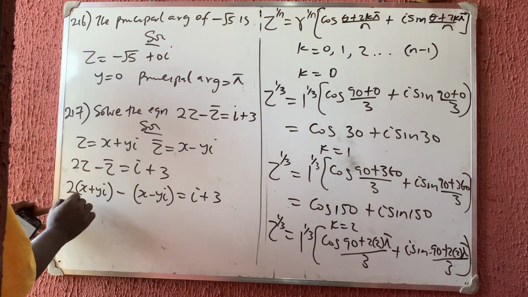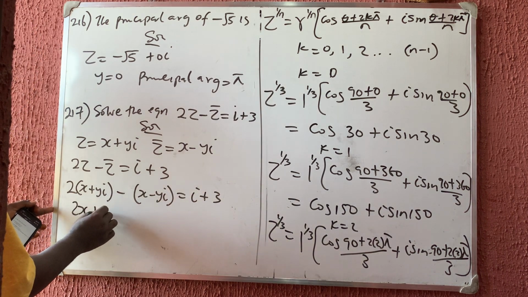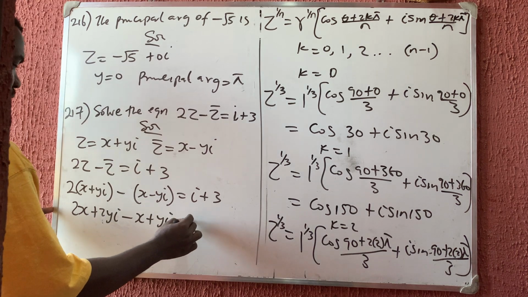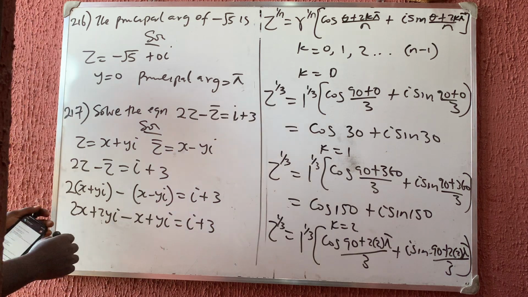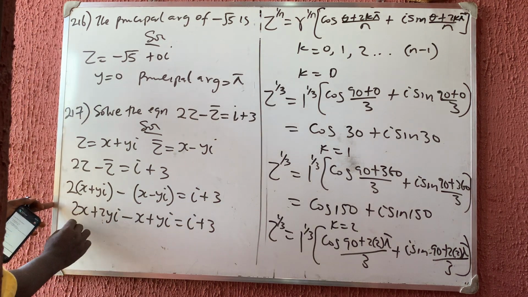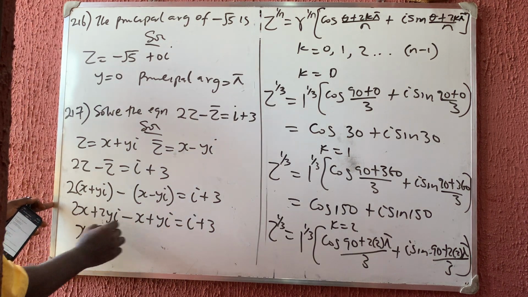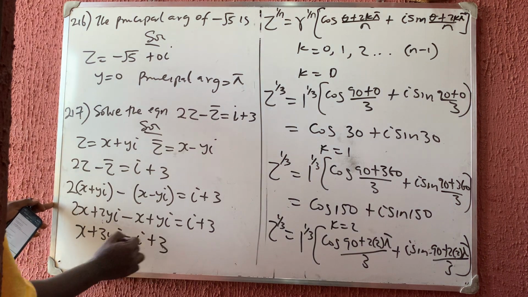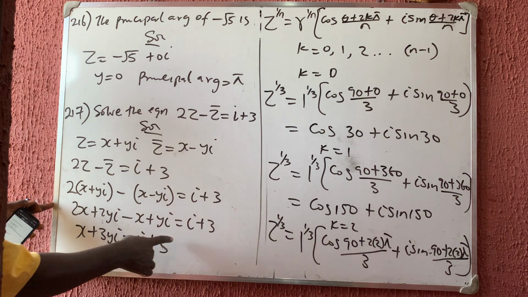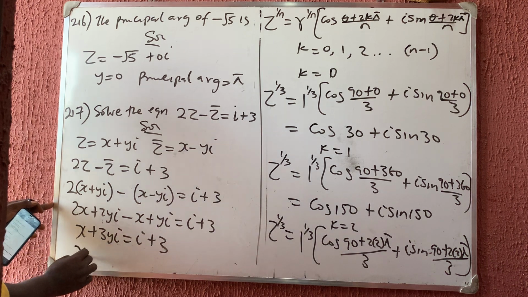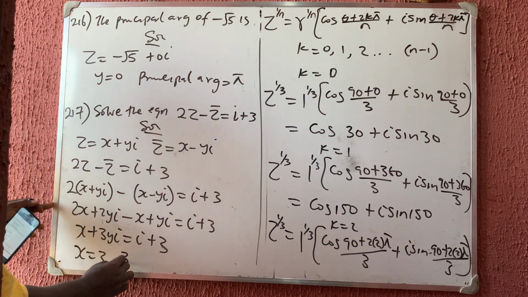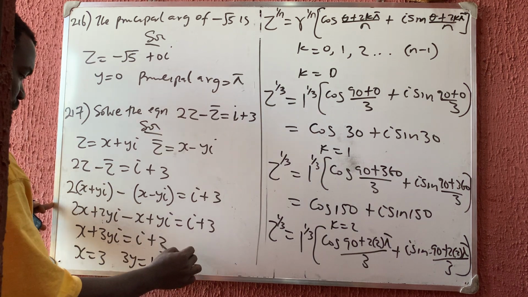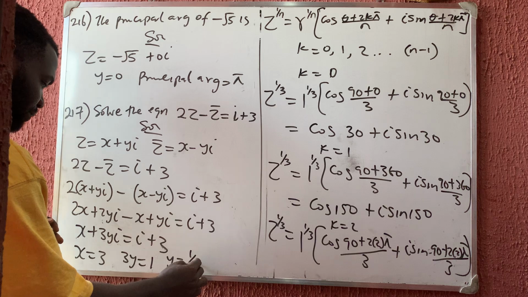So what do we have? This time this is 2x plus 2yi minus x plus yi is equal to I plus 3. So if you look at this now, you see that this and this are giving me x, while this and this will give me plus 3yi, is equal to I plus 3. Comparing this, x is equal to 3, the one that does not have I. And then 3y that has I is equal to the coefficient here, which is 1. So my y is equal to 1 over 3.